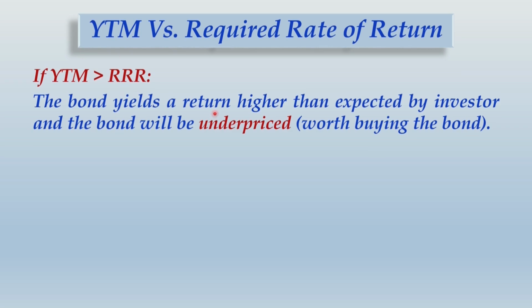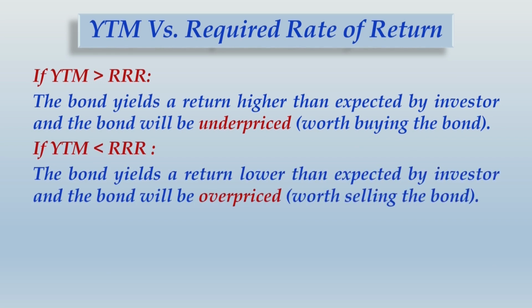So it is implied that in this scenario the bond will be underpriced and you would be tempted to buy such a bond. If YTM is lower than RRR, the bond yields a return lower than expected by the investor and the bond will be overpriced, that is, a situation where we find it worth selling the bond.